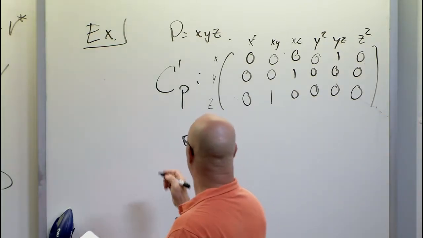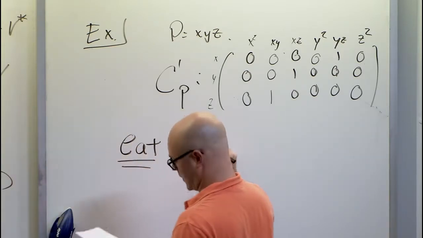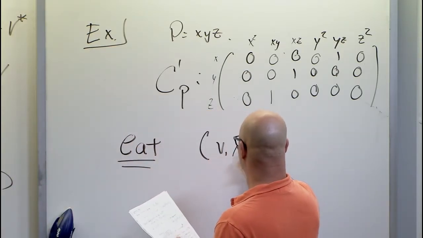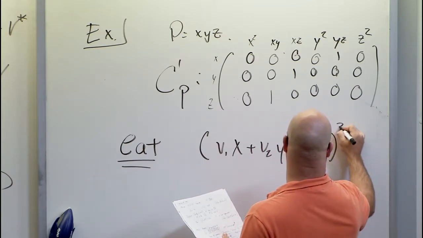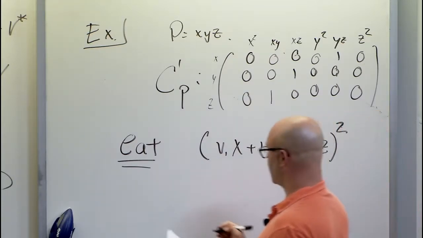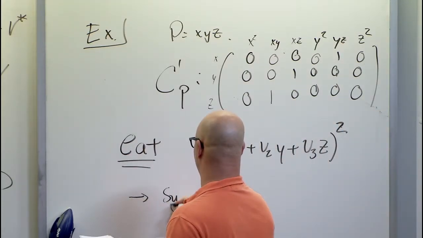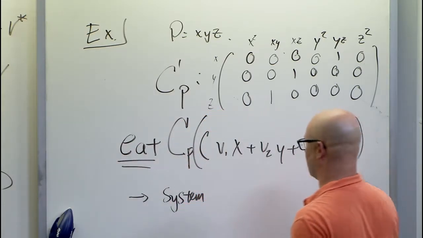Okay, so that's my flattening matrix. And now I'm going to eat v1 x plus v2 y plus v3 z, squared. And I get a system of equations. So this is C1 P eating this guy, right?